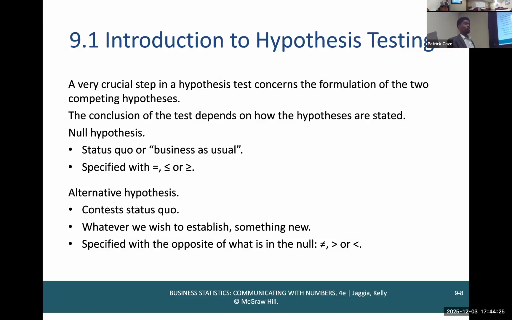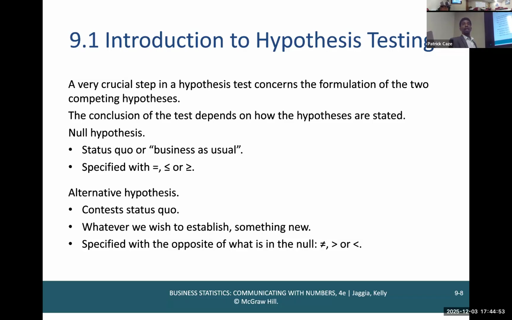If the alternative is different from the null, for example, the null is that it's 65 degrees outside, the alternative can be that it is not 65 degrees outside. We have not chosen a direction per se. We're just saying that it's not 65 degrees.